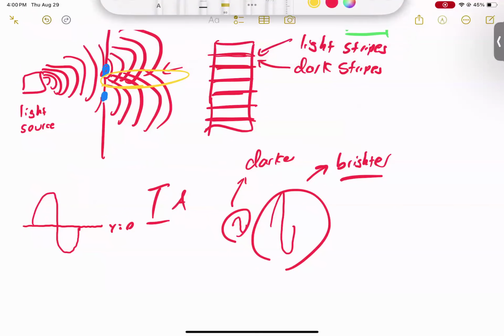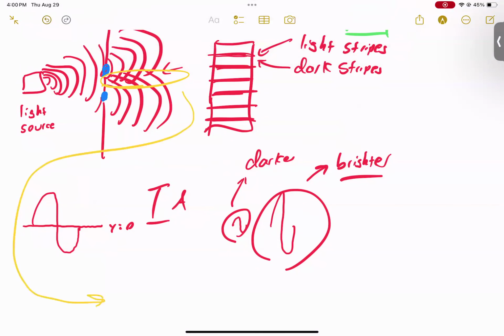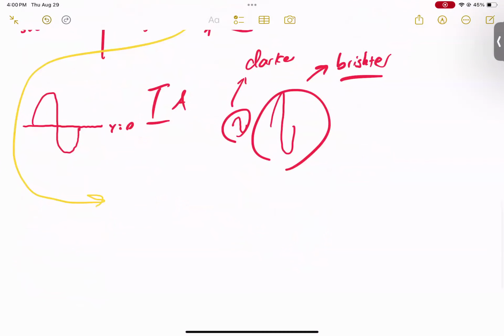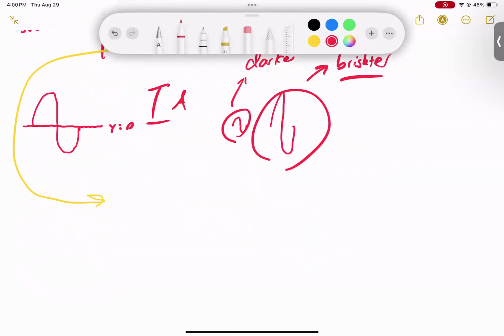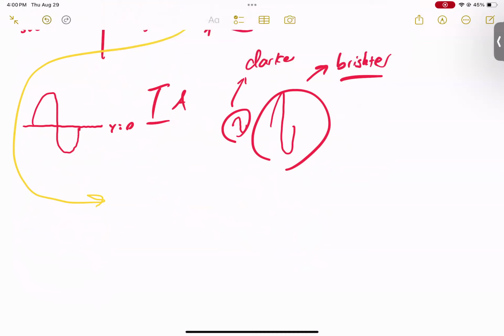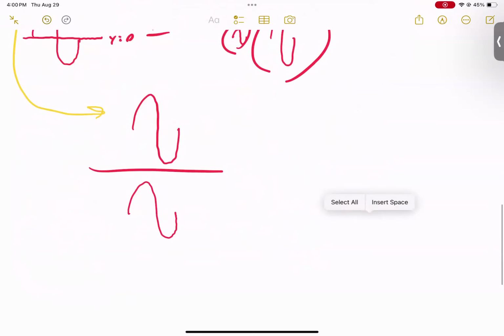At that yellow region, what actually happens is that we have two waves intersecting each other, interacting. So I have one wave over here, and let's just say if we want a bright light, what actually happens is that we have two waves that are in phase with each other. What I mean by in phase is that they're kind of aligned like that.